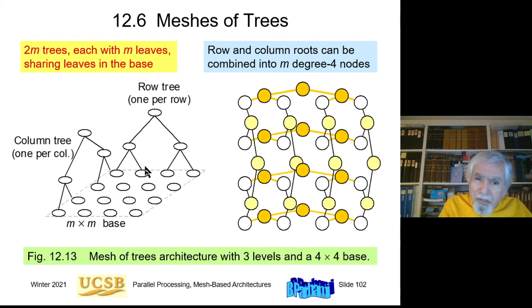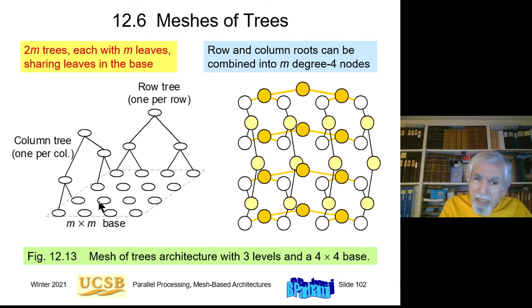They are connected to each other through row trees, trees constructed on rows, and column trees. And here I've shown just one row tree. There will be another row tree for this row, another for that, and so on. And I've shown just one column tree for column 0, there will be another column tree. So the base elements are not connected directly to each other except through these trees.